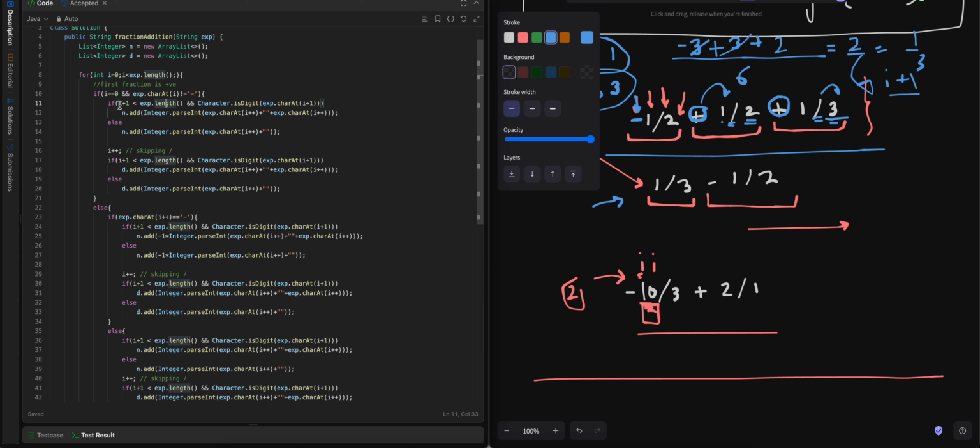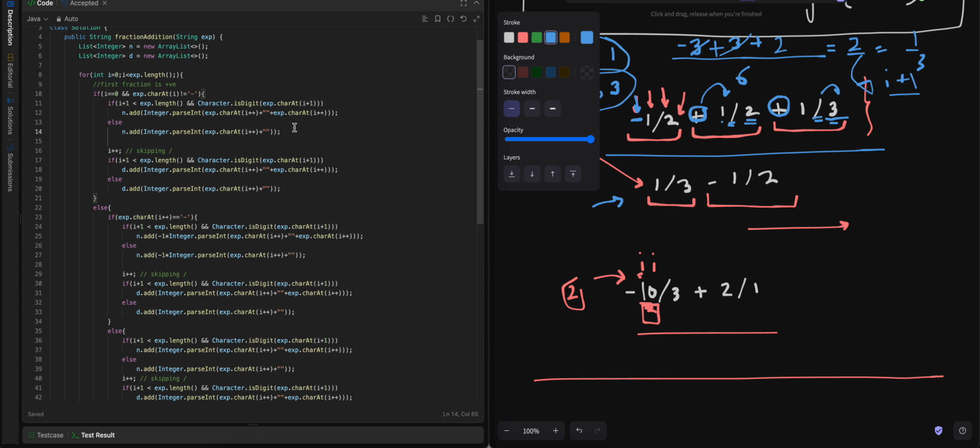So here basically we are checking that we are not at the end of the expression, and the second character from where we are at currently, from the ith position, if i plus 1 is not a digit, then we will come to this else condition. So we will just directly add that character as an integer value in the numerator.